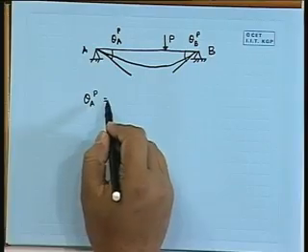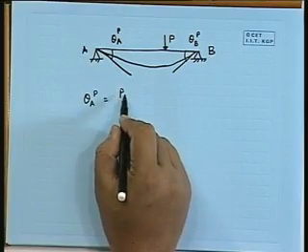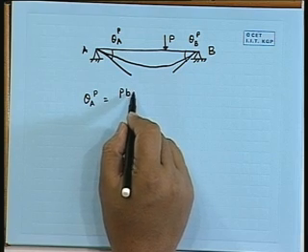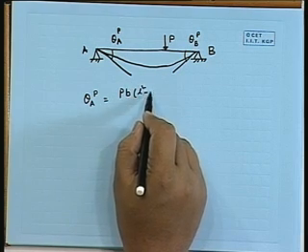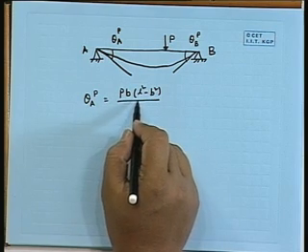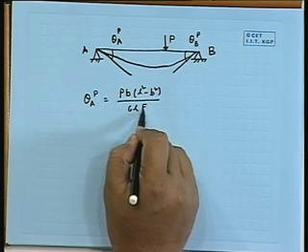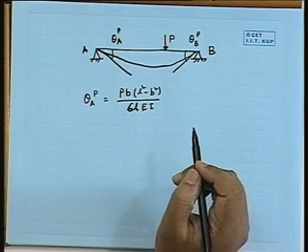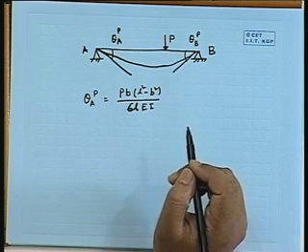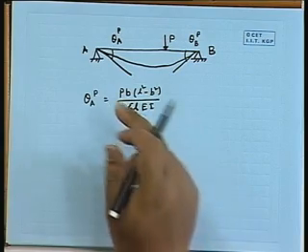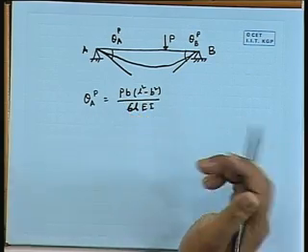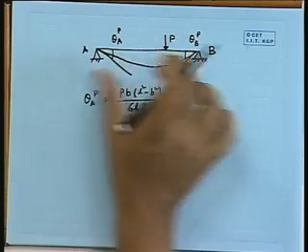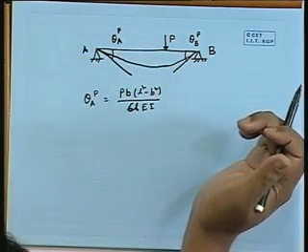So theta A, if I put here theta A P, it is given P B (L square minus B square) divided by 6 L EI. So 6 L EI is the denominator, and this is the rotation at the left end. This part is A, this is B, total length is L. Already we have written that.